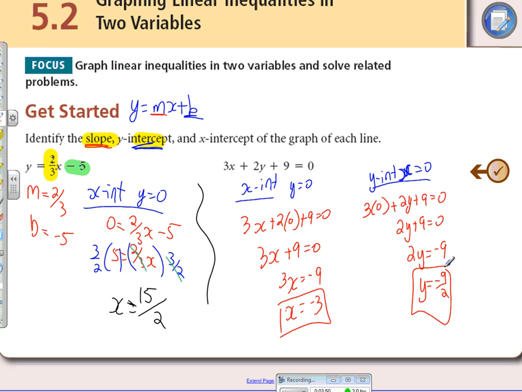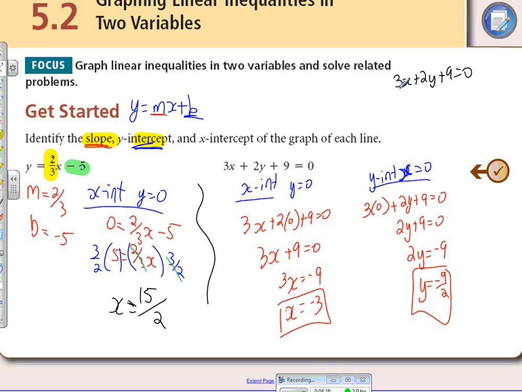We could have also found the y-intercept by taking it into slope-intercept form, y equals mx plus b. We're going to do that to find the slope anyways. So let's just work it through here. 3x plus 2y plus 9 equals 0. Taking it into slope-intercept form, we're isolating the y. Get the y by itself.